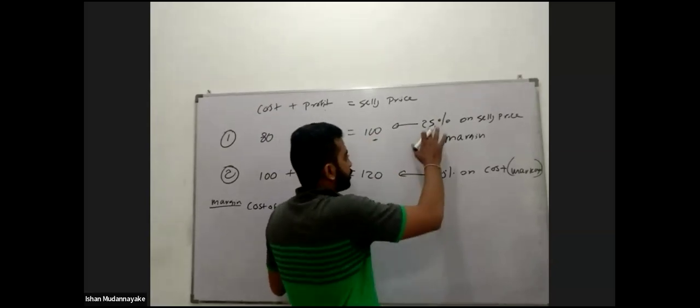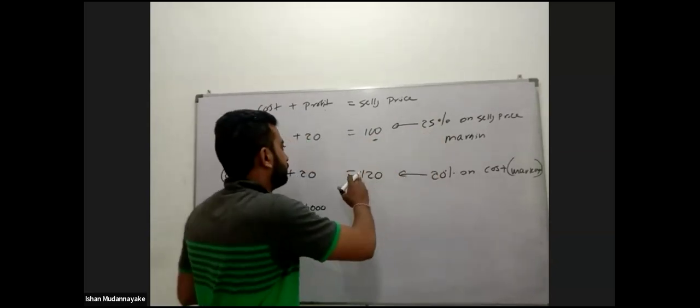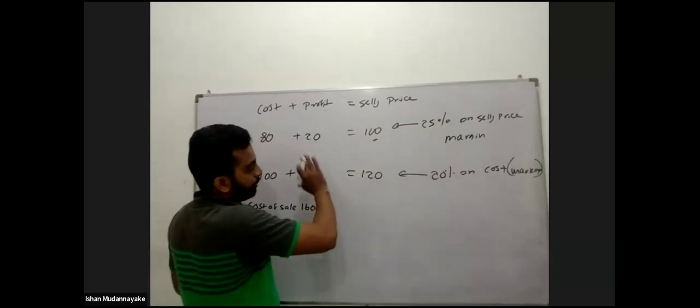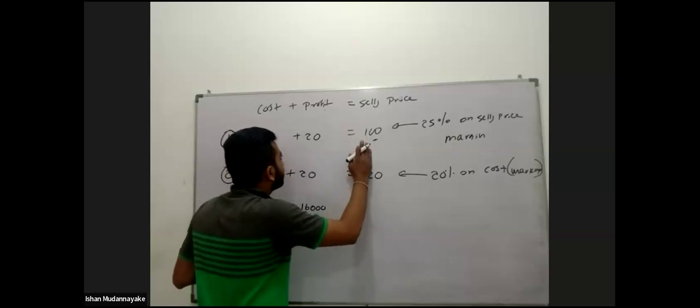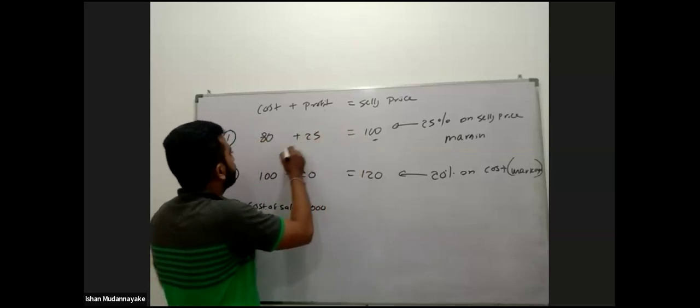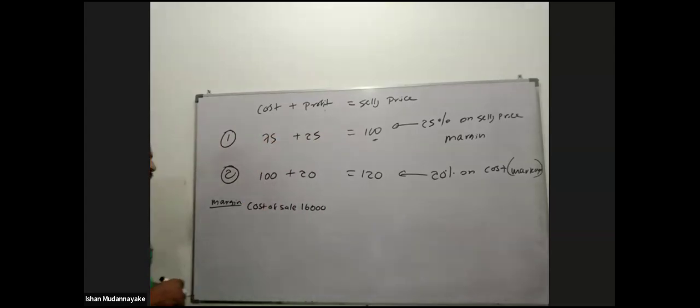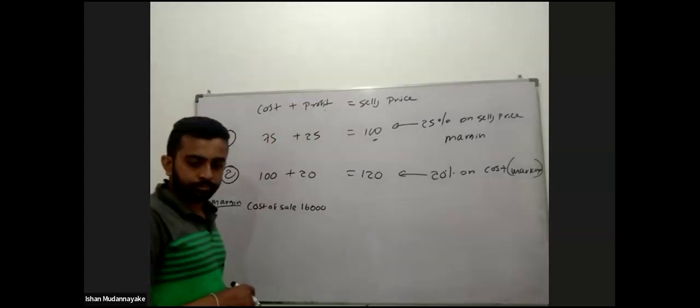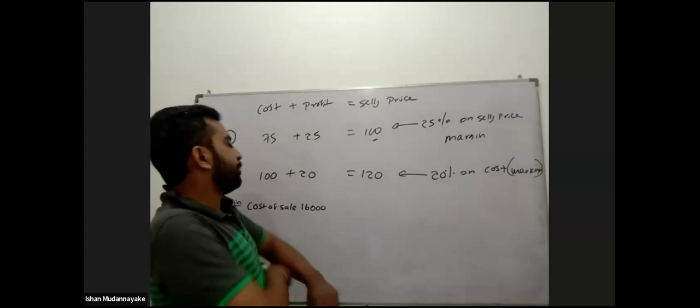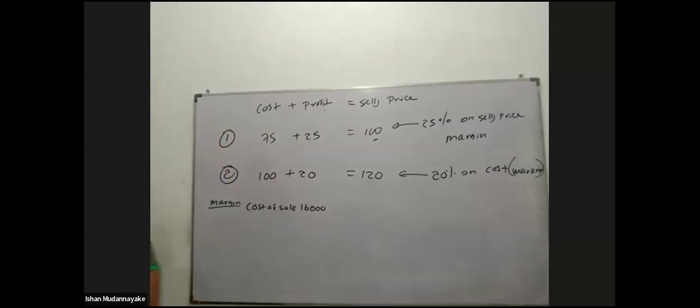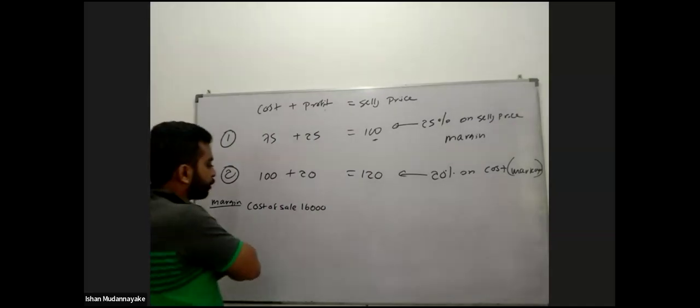If profit margin is 25% on selling price: selling price 100, profit 25, cost 75. The pricing policy of the business organization is to earn 25% on selling price. Here, the examiner has given you cost of sales of the business.